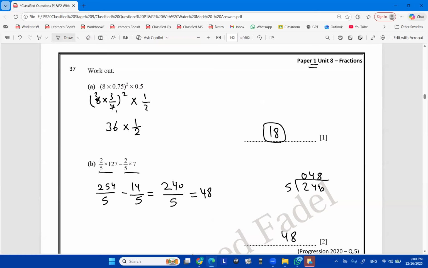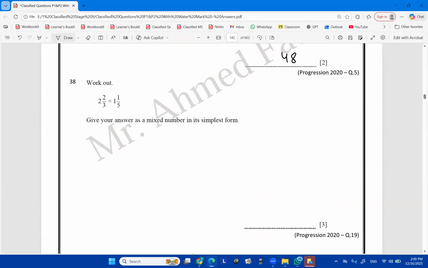Let's continue. I'm going to convert this mixed number into an improper fraction. So it becomes 8 over 3. Multiply by 5 times 1 is 5, plus 1 is 6 over 5. But the reciprocal, flip it, it is 5 over 6.